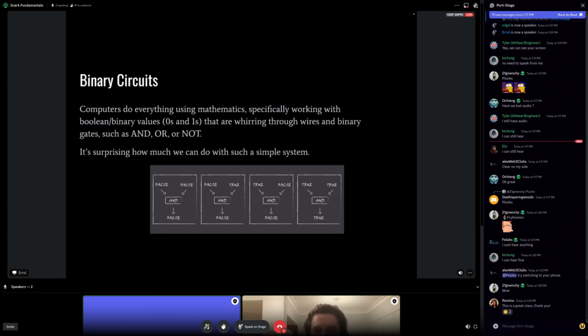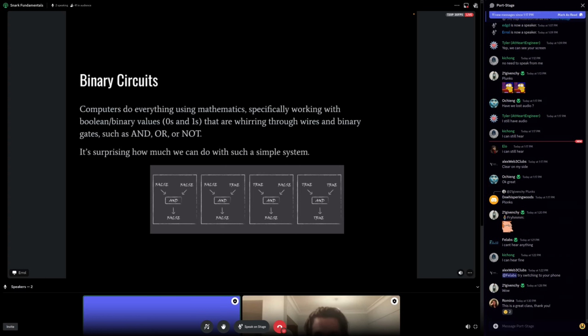So binary circuits. You're probably aware, the device you're on right now, the laptop or phone, is using binary logic. It's got zeros and ones, true and false, whizzing around wires and going through gates. Those gates are AND gates, OR gates, NOT gates and exclusive OR gates. I think there are 4 main types.